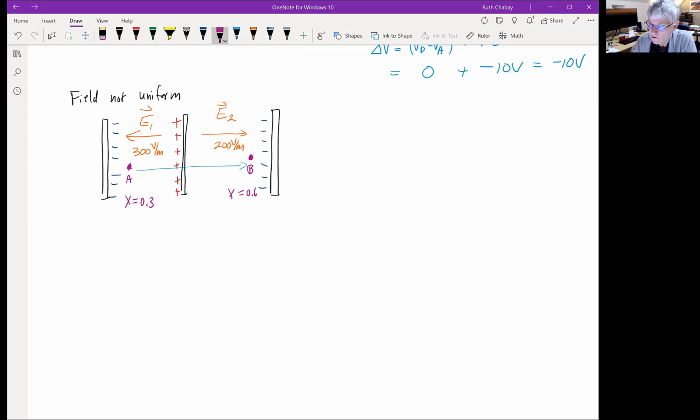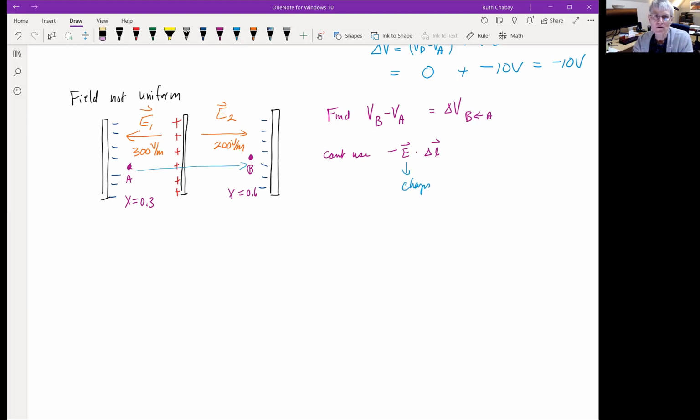We want to find VB minus VA, or delta V going from A. Well, we don't have a single value of the field, so we really can't use minus E dot delta L because this changes.